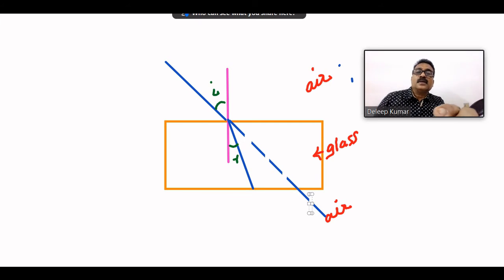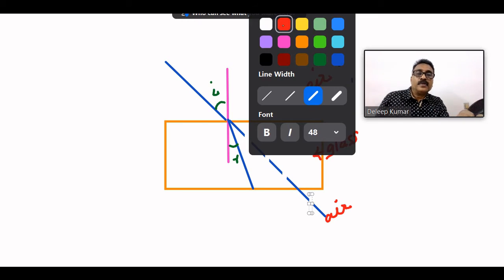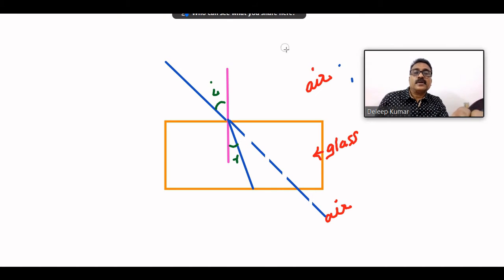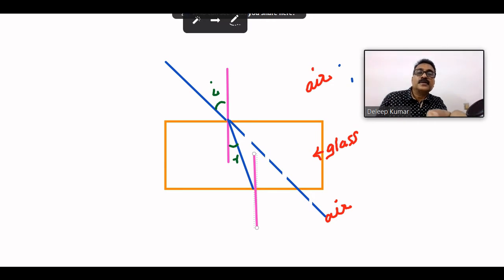Then we have to draw one more normal. Where do we draw that normal? Here we can draw it. This is the second normal. If you look here, you can find that this ray is going from glass to air. Glass to air, so this is from denser to rarer.